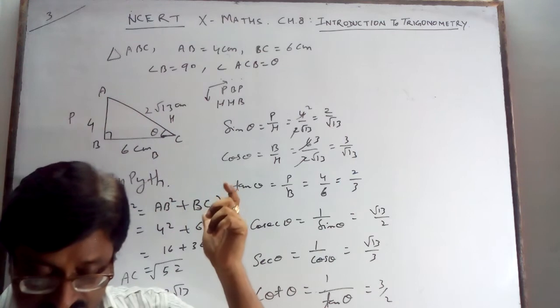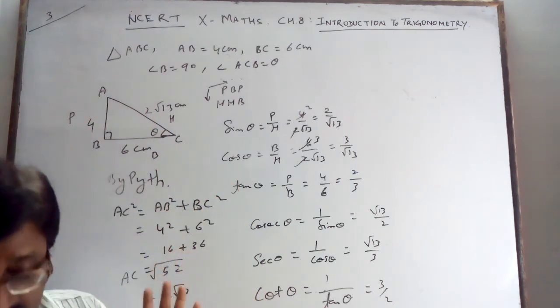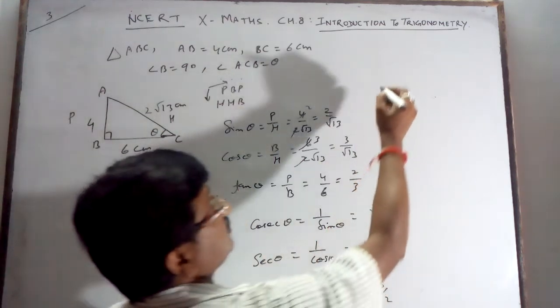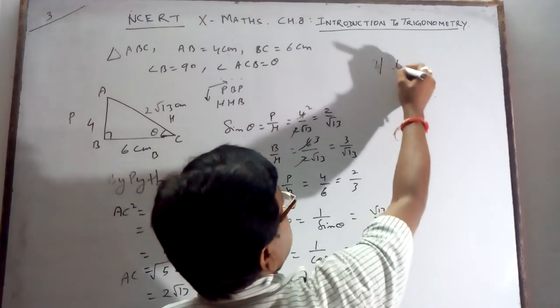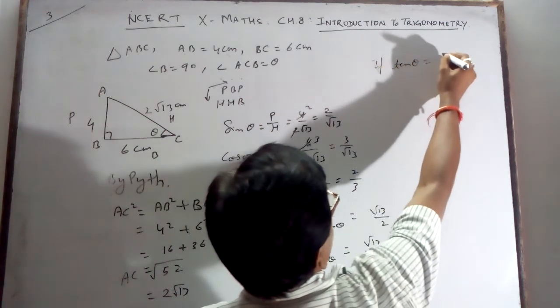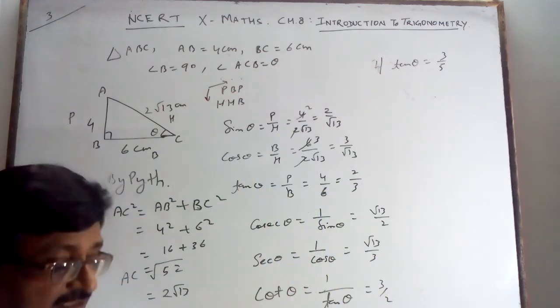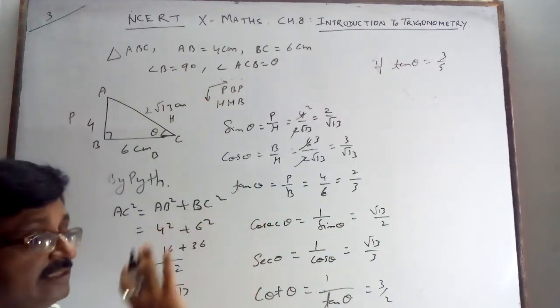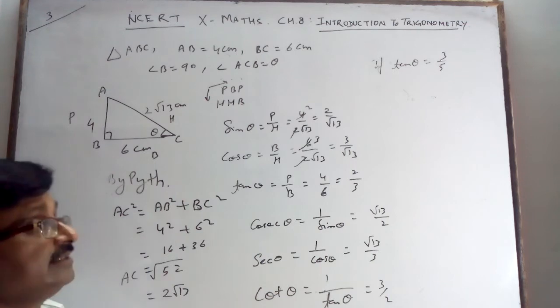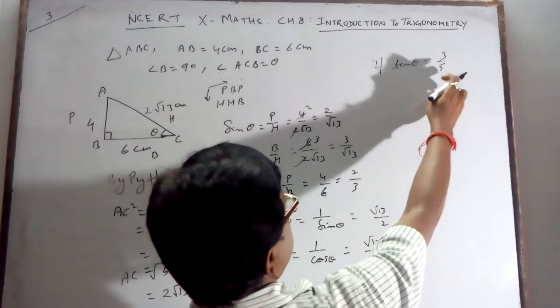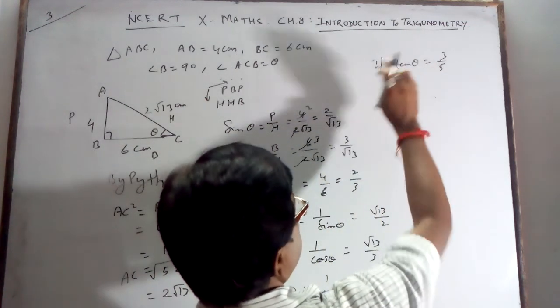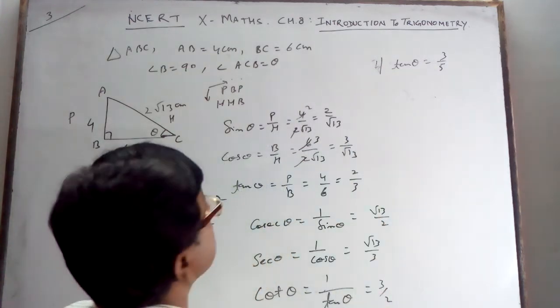Another question is given. Next example: if tan theta is equal to 3 by 5, find the other trigonometric ratios.